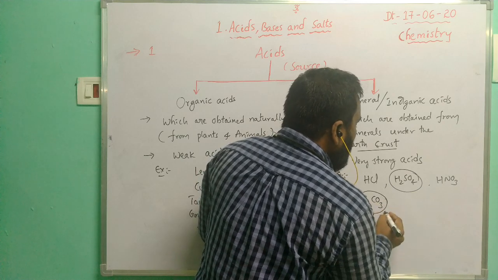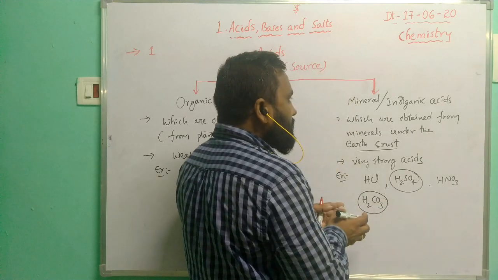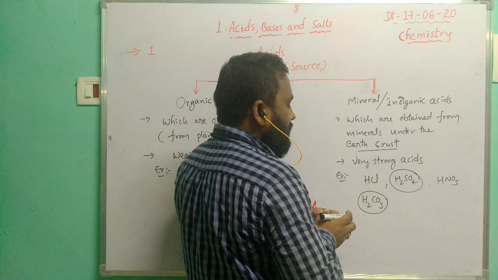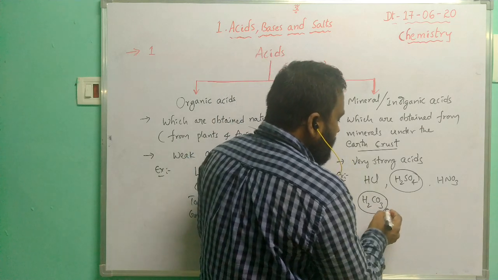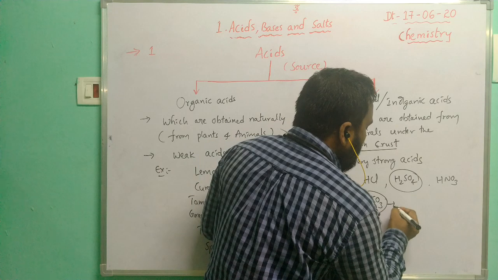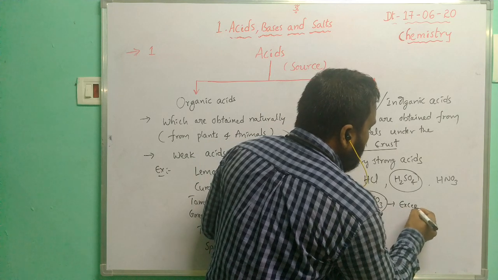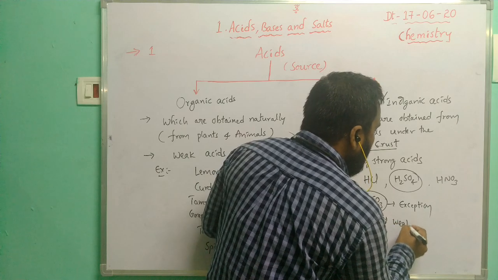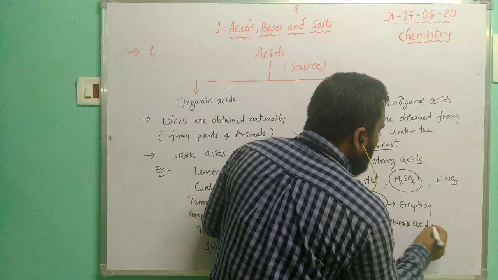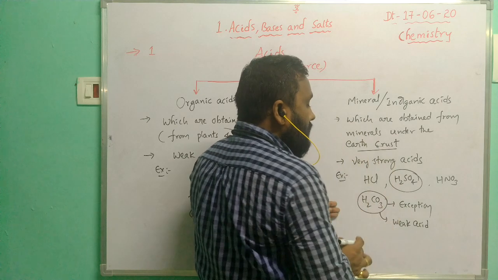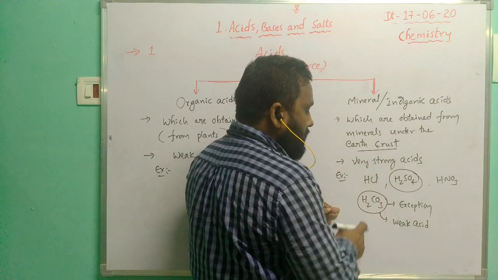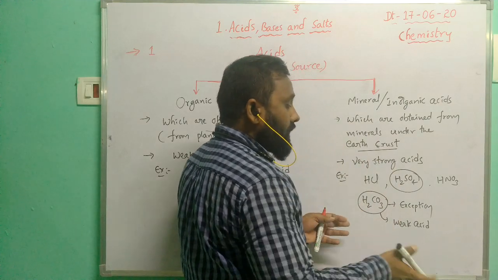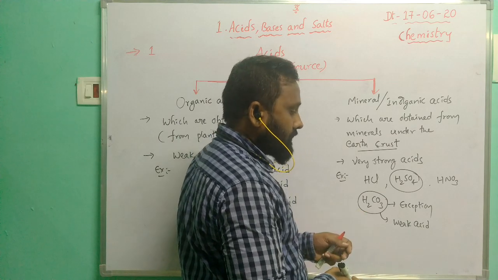H2CO3, carbonic acid, is a weak acid, but it is a mineral acid. It is an exception case. It is a weak acid, but it is an inorganic acid, which is present in aerated cold drinks.